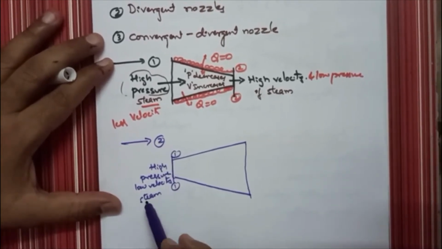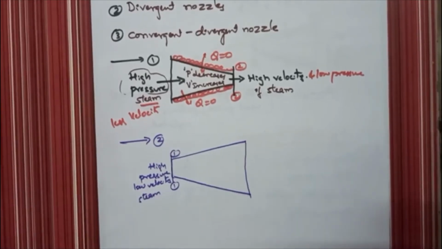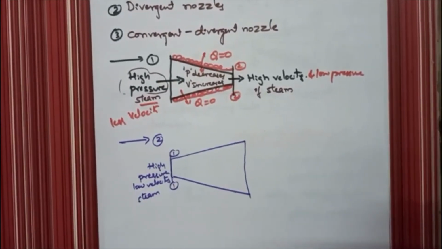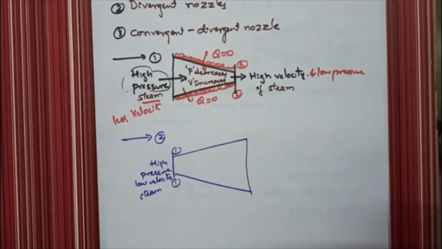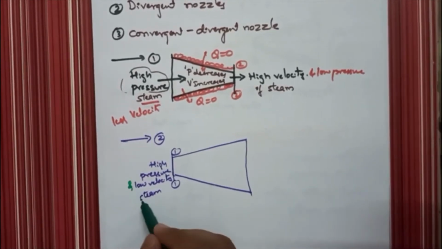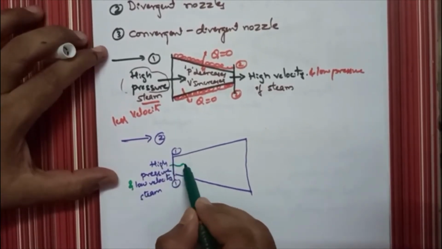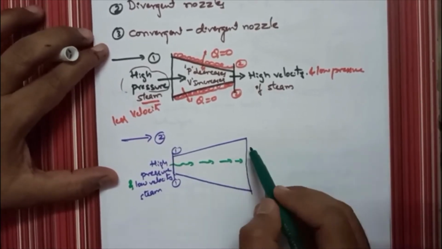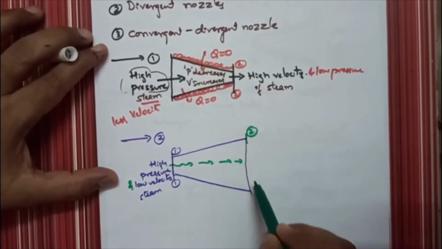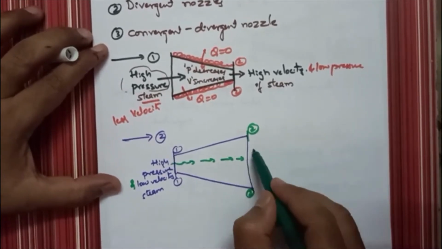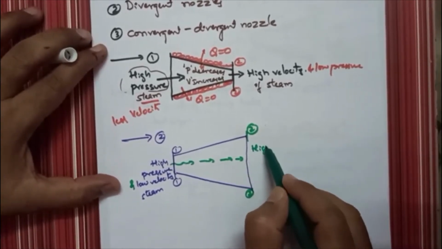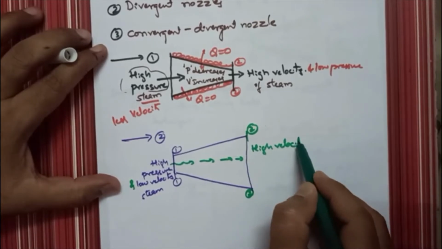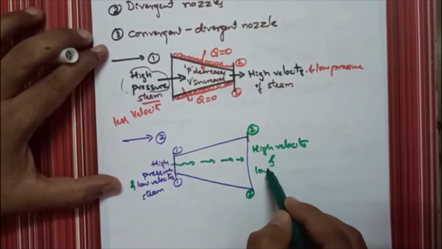If the working fluid is gas, then it is a gas nozzle; if it is water, a water nozzle. This high pressure and low velocity steam passes through the nozzle, then at the outlet of the nozzle, that is section 2-2, it will become high velocity and low pressure.